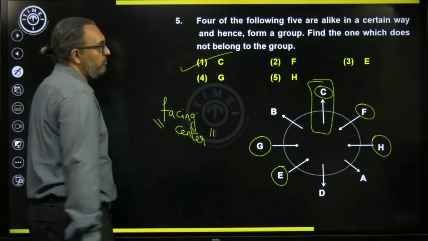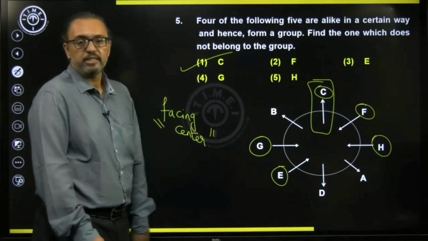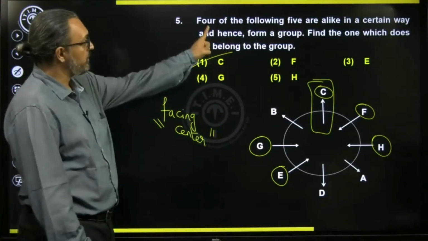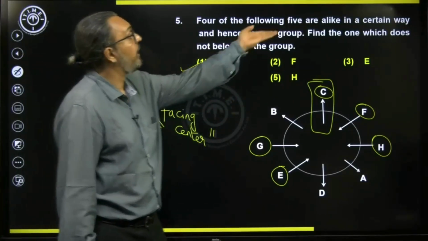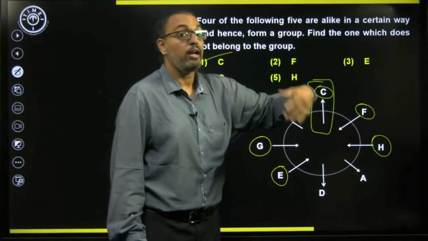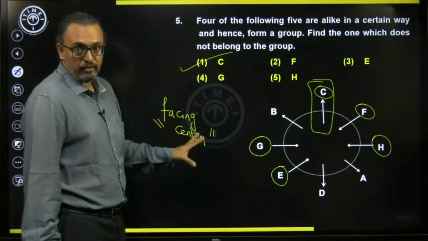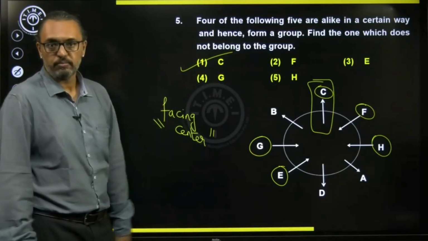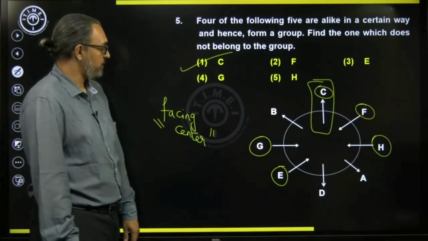Out of 5 persons, 4 persons are facing center, whereas C is not facing the center. That is how we have to identify, because they are alike. 4 of the following 5 are alike. So what is alike in them? The direction, facing center. Okay, so first option, C. Right.